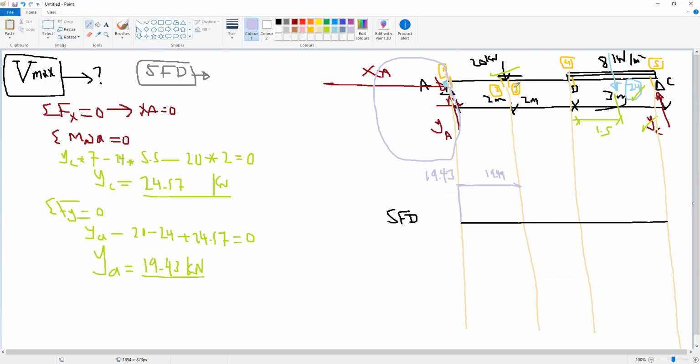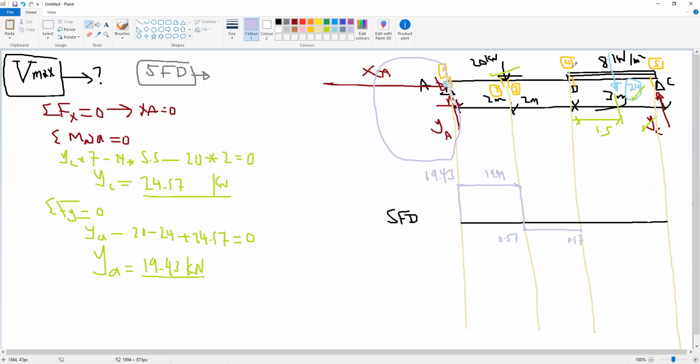From 2 to 3, we have 20 kilonewton downward. So from 19.43 to 20, we will have only a small value here, 0.57 kilonewton. From cut 3 to 4, we don't have any loads, so a straight line parallel to the datum with the same value, 0.57.